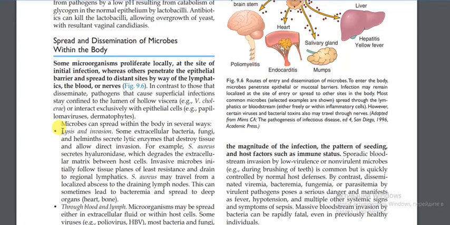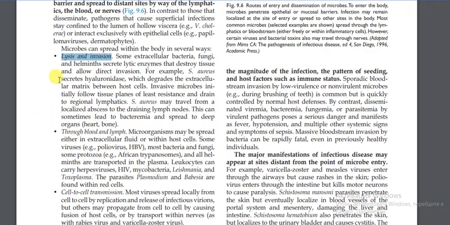Which mechanisms do they use? Lysis and invasion. Some extracellular bacteria, like fungi and helminths, secrete lytic enzymes to destroy tissue and allow direct invasion. In the example of Staphylococcus aureus, they secrete hyaluronidase. You remember that hyaluronic acid is one of the main components of our subendothelial connective tissue, and its integrity doesn't allow spreading of bacteria.